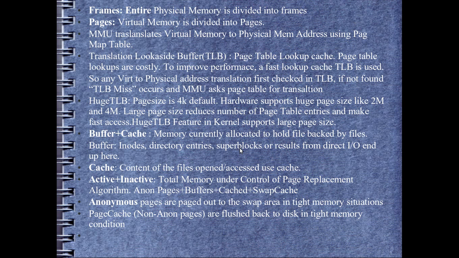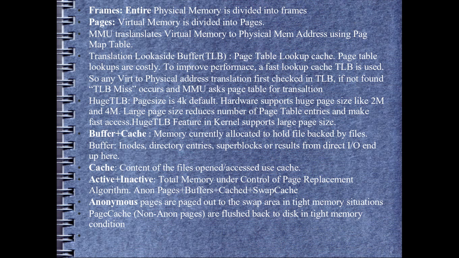Backed by file or backed by storage simply means that the file exists at the backend in some storage. Buffer contains inodes, directory entries, superblocks, or results from direct IO. Cache is the actual contents of the files that we are opening or accessing.